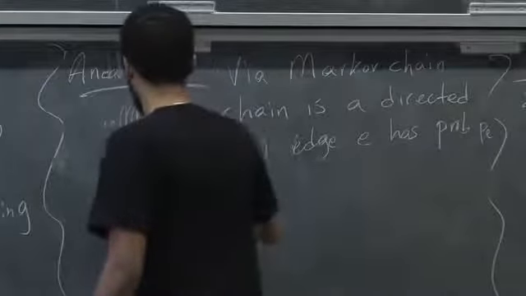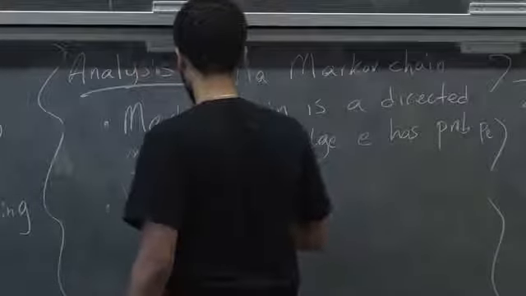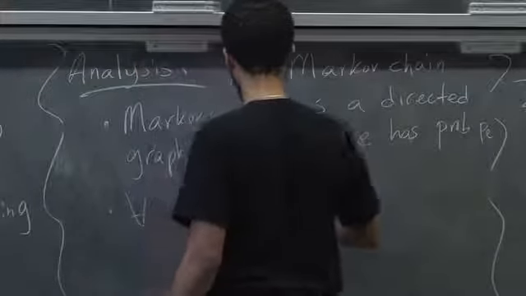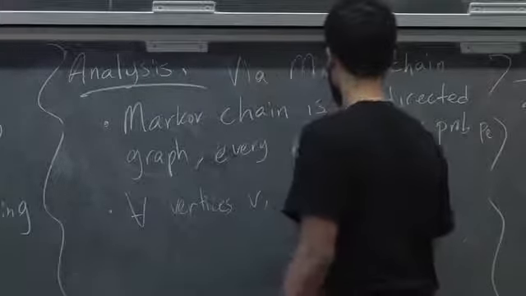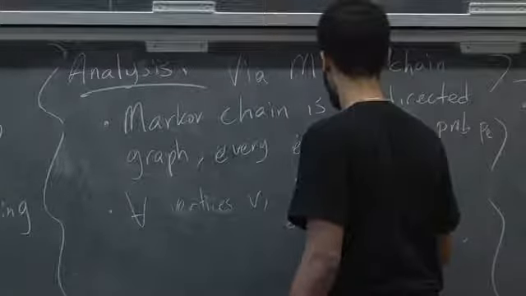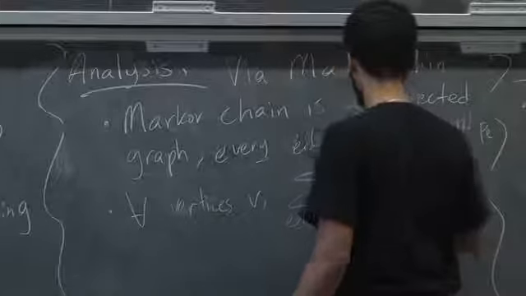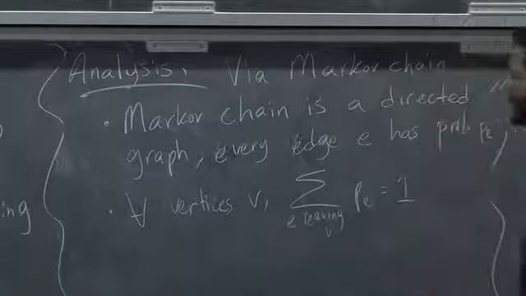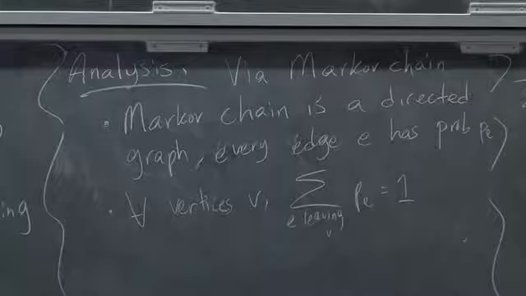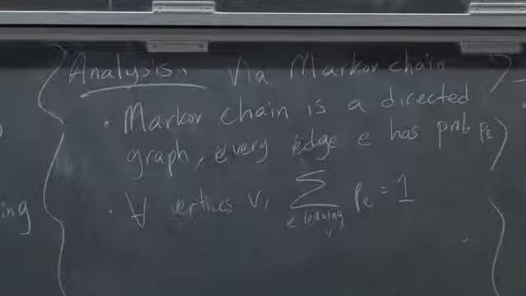And for all vertices v, the sum over edges e leaving v of p_e should be 1. So it basically tells you, you imagine that you're moving around vertices in this graph. At every step, there's a distribution over which neighbor you're going to go to next. That's told to you by these edge probabilities.